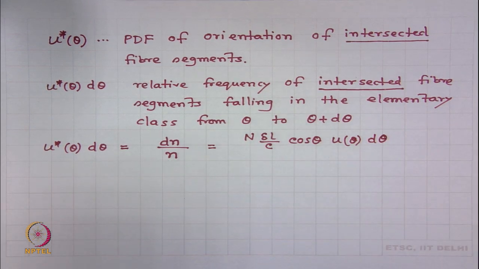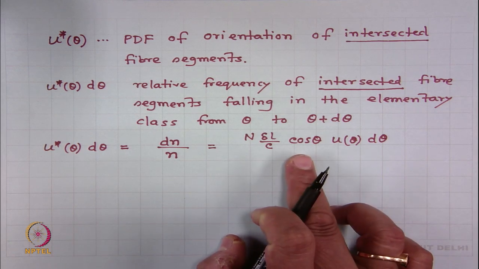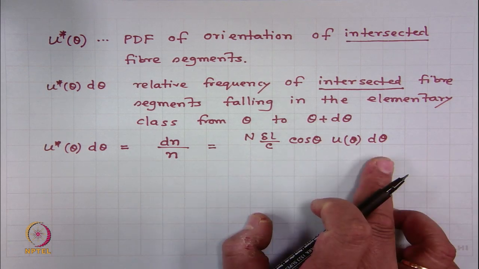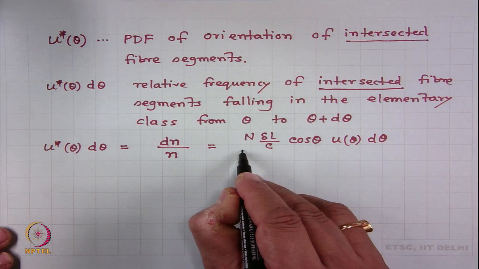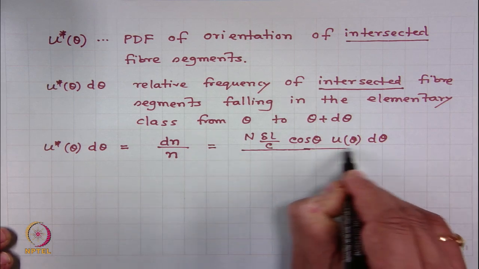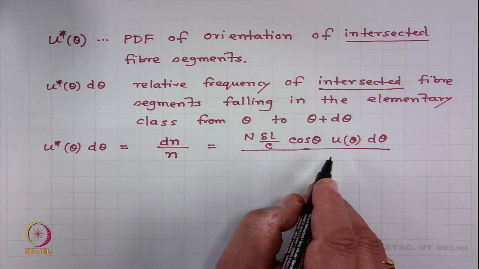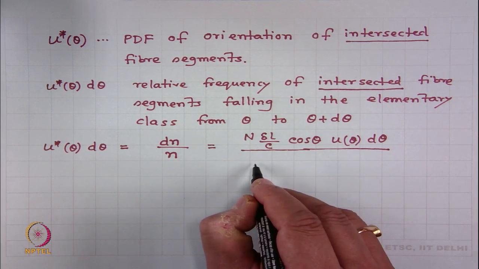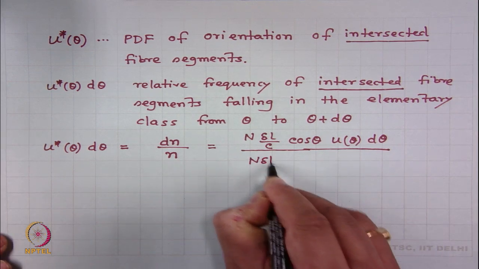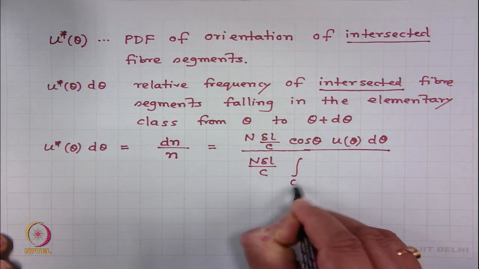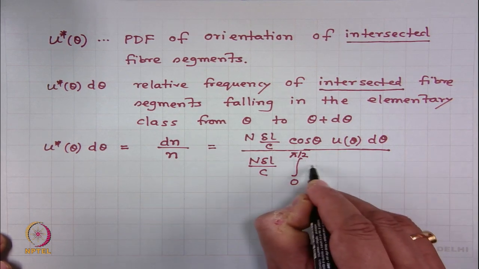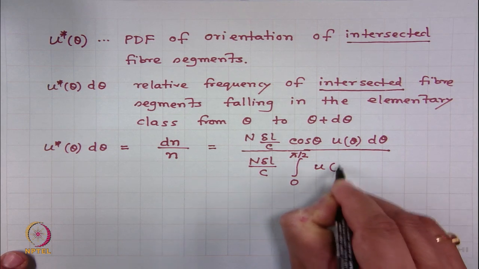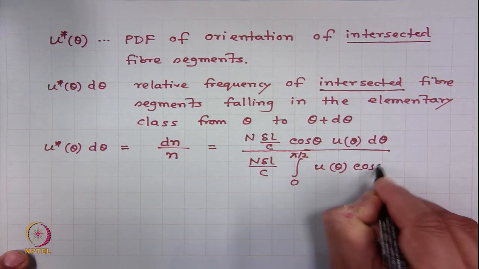This we have derived today, n del L by C cos theta u theta d theta, and what is small n? That also we have derived today. Small n is integration 0 to pi by 2 of n del L by C cos theta u theta d theta.